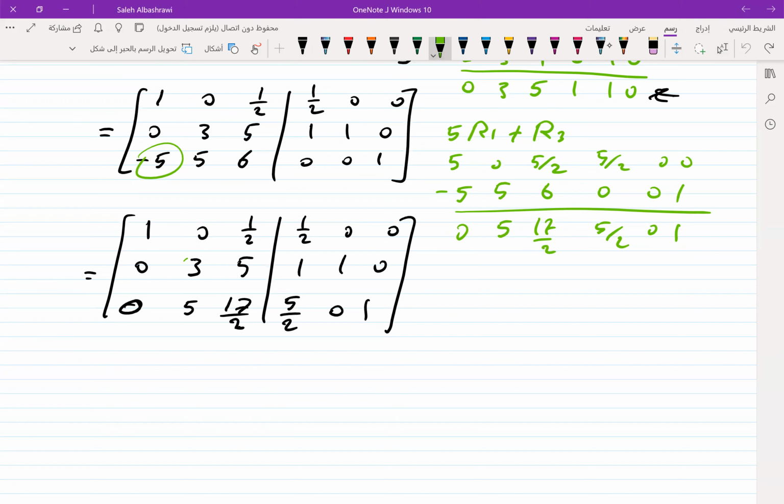So I need to make this 3 equal to 1. So we will divide by 3, 1/3 R2.